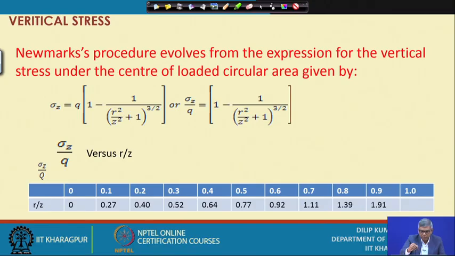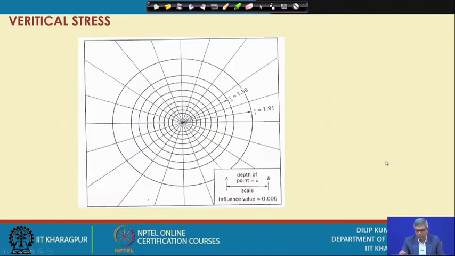Now this is the way it is done already. Suppose this is the first circle, then the second circle, the third, fourth, fifth, sixth, seventh, eighth, ninth, and the 10th circle is at infinity. It need not go up to infinity, but to some finite radius where the outer part will be bigger.